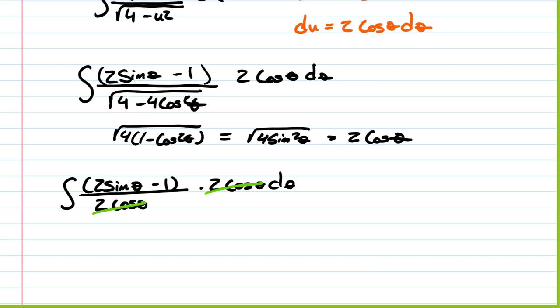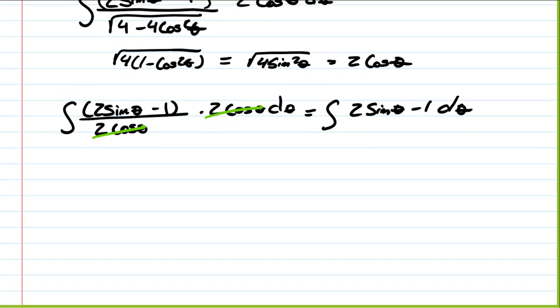So these and these reduce out, and we're left with the integral of 2 sine theta minus 1 d theta. So now we integrate. The antiderivative of sine is negative cosine, so we get negative 2 cosine theta, and the antiderivative of 1 is theta, so minus theta plus c.